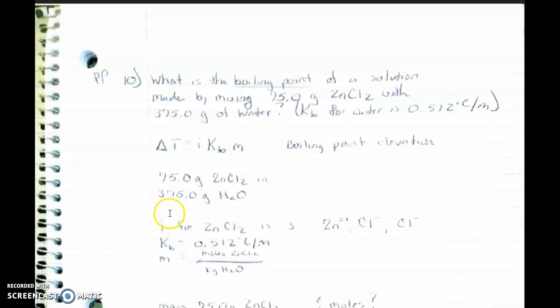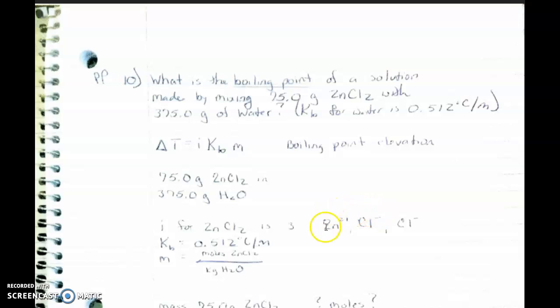We do know the i value, even though we're not directly told, because zinc chloride is an ionic compound, which is going to be dissolved in the water. You just have to remember how ionic compounds are formed. It's going to split into a zinc cation and two chloride ions.